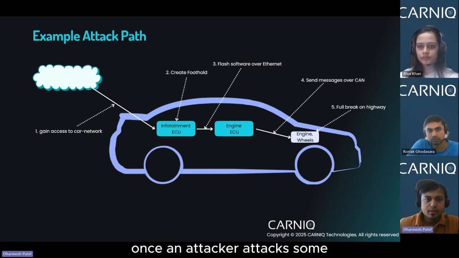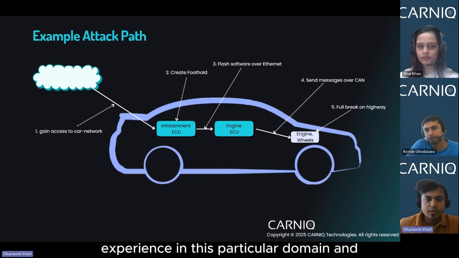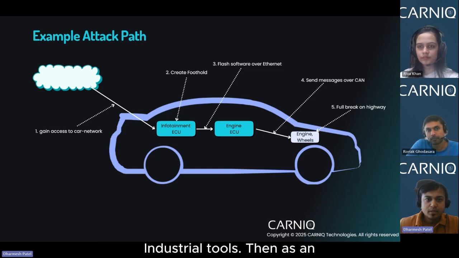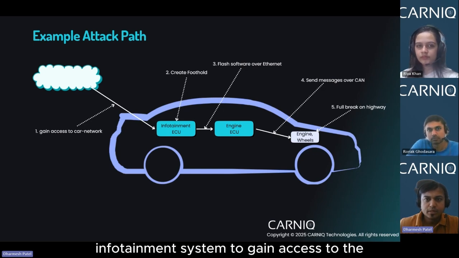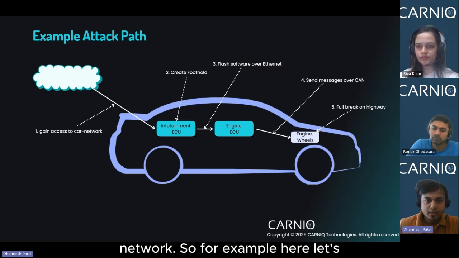Once an attacker, somebody who has good experience in this particular domain and also has advanced industrial tools, gets access to this infotainment system and has a good foothold on it, he can gain access to the remaining ECUs within that particular network.